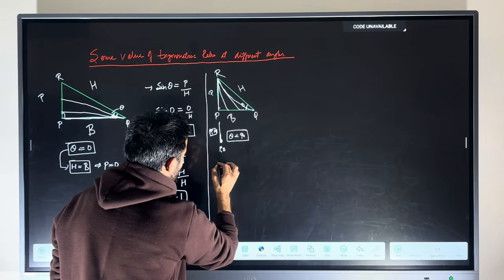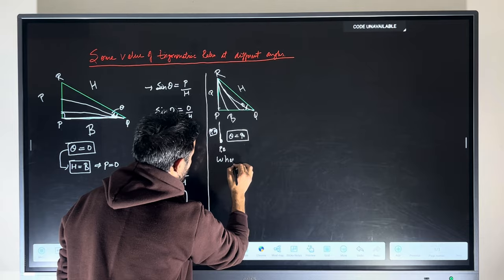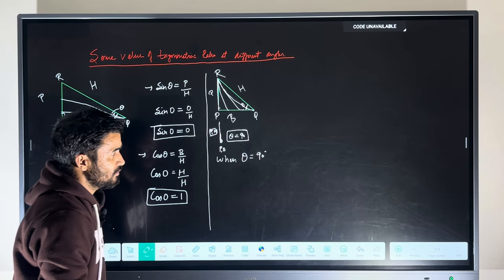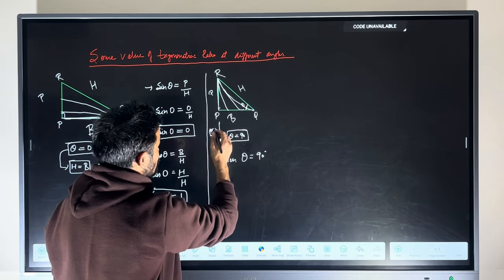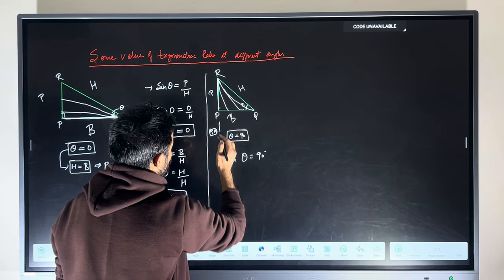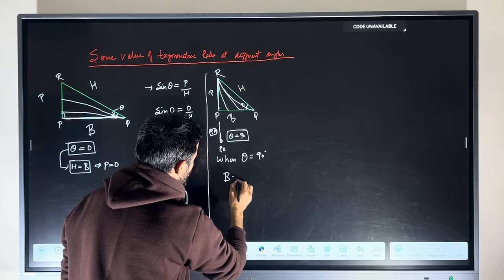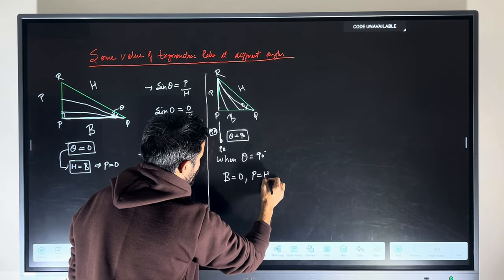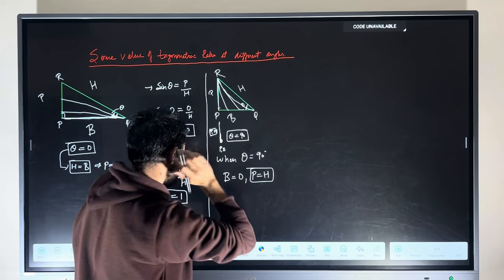Now when theta is 90 degrees, what is happening here? Base is almost 0 and perpendicular is equal to hypotenuse.